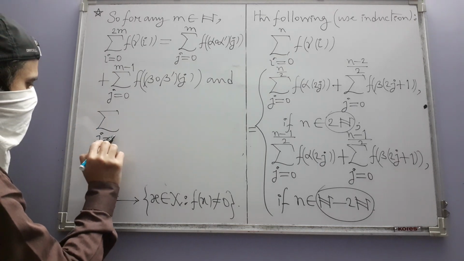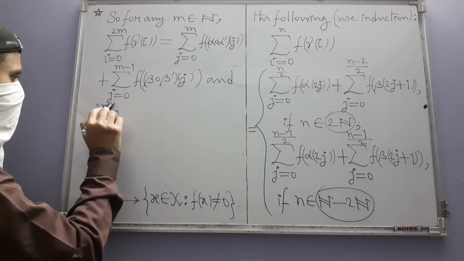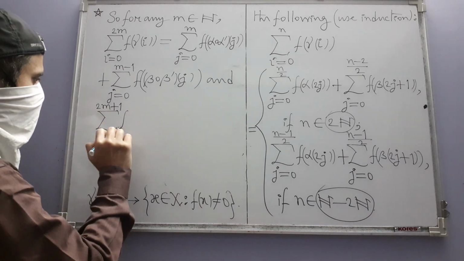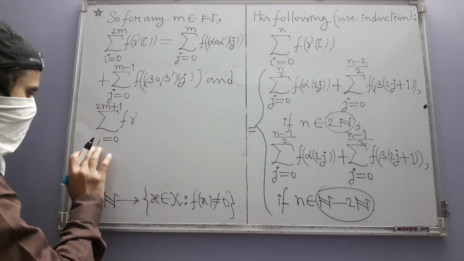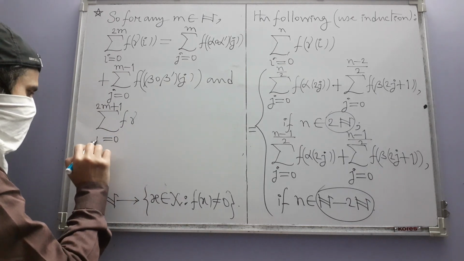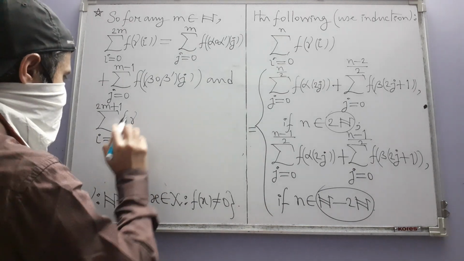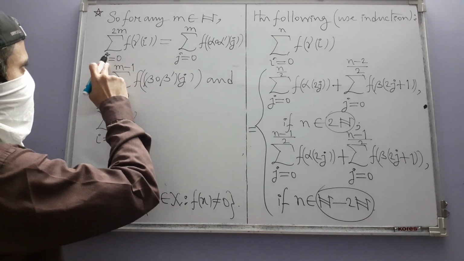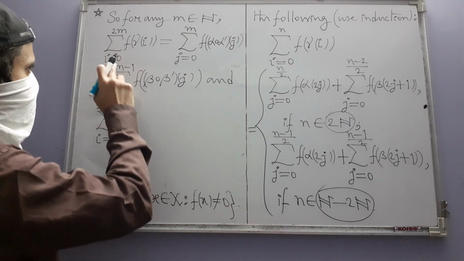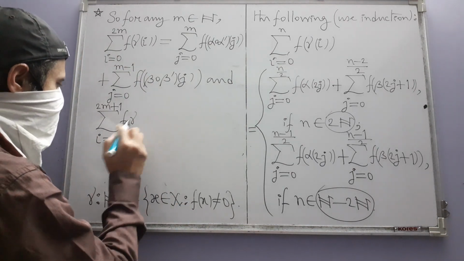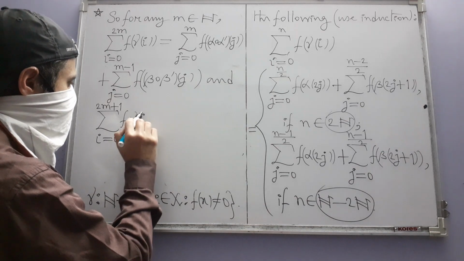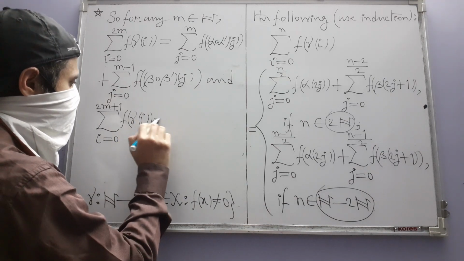Again, j varies from 0, but this time to 2m plus 1, f of gamma. Oh, I wrote i here, on this side, so let me maintain that i equal to 0. Actually, it does not matter what name you give to this variable. It's a dummy variable, but still, let's make it uniform.